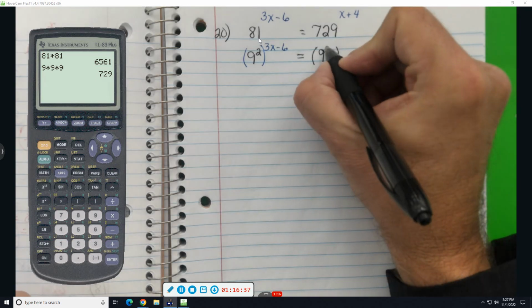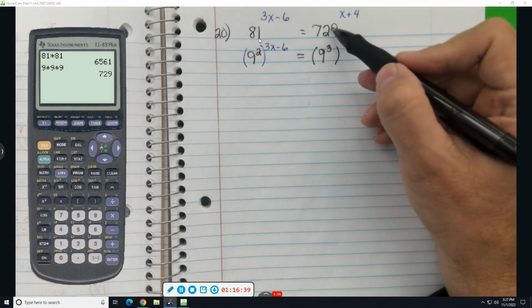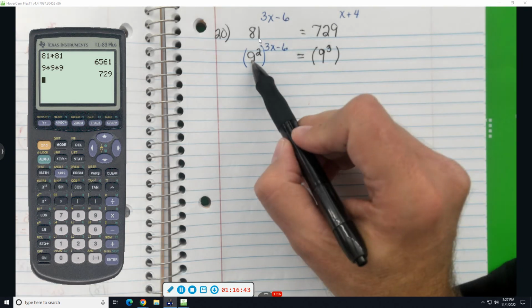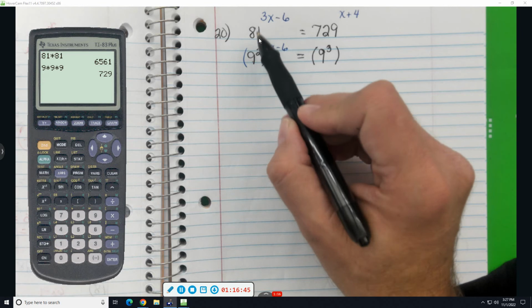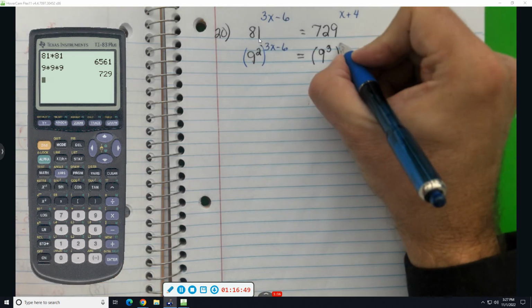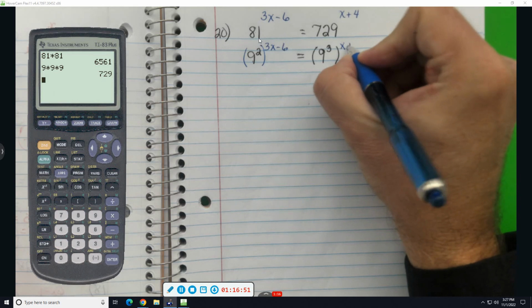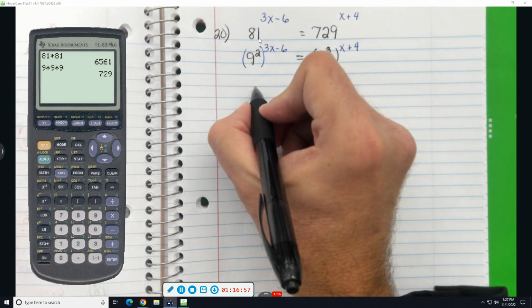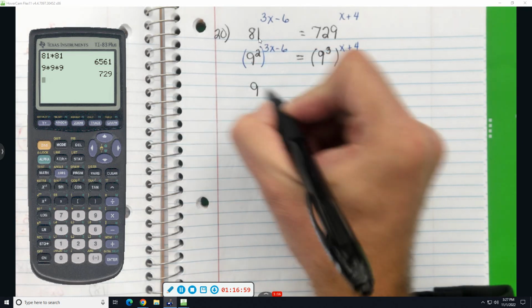So I'm going to rewrite the 729 as 9 cubed. I'm rewriting the 81 as 9 squared. And if you're thinking, well, wait a minute, what if there isn't a common base? We'll answer that eventually, but not today. It'll be after we do our logarithm discussion.